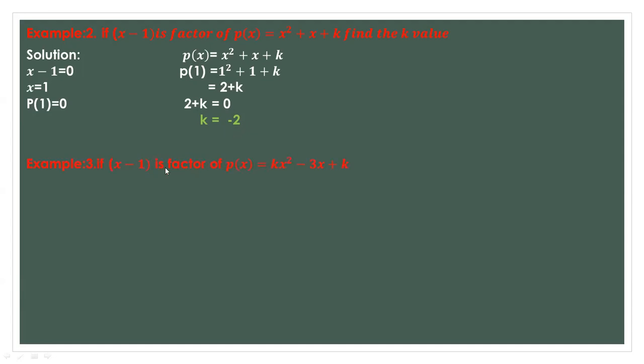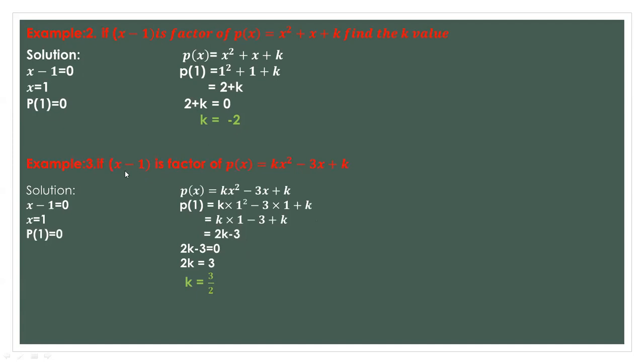So one more example for this. Here x minus 1 is a factor of p of x is equal to kx square minus 3x plus k. So we have a solution here. x minus 1 is equal to 0. It means it is a factor of the given polynomial, that's why it becomes 0. Then x is equal to 1. So here p of x, x replaced by 1. So k into x square means 1 square, minus 3 into x means 1, plus k.